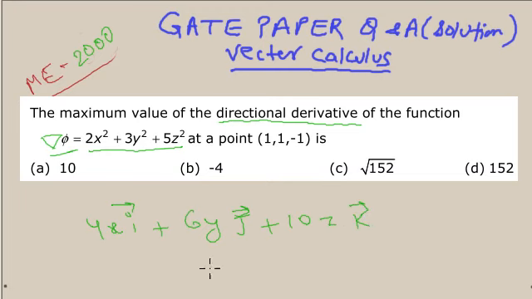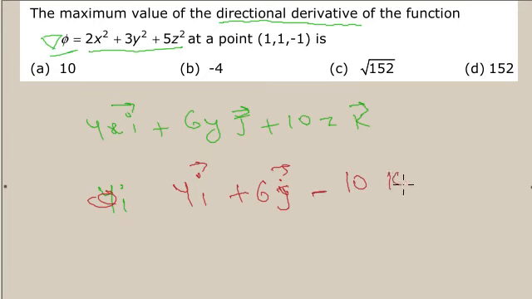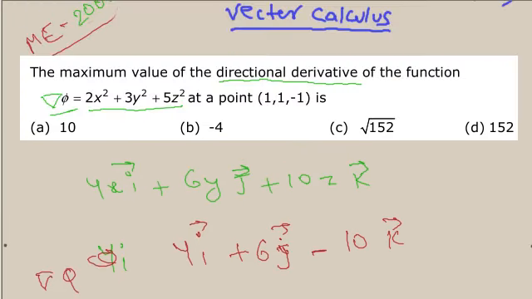So if you put the values 1, 1 and minus 1 here, you will get 4i plus 6j and minus 10k. The magnitude of this vector is the maximum value of the directional derivative.